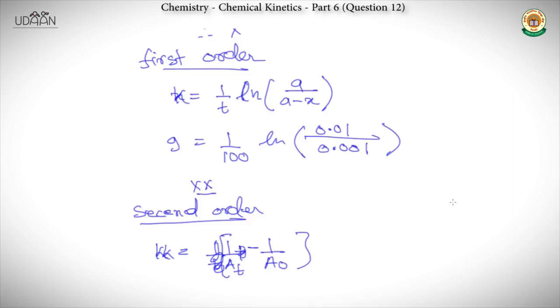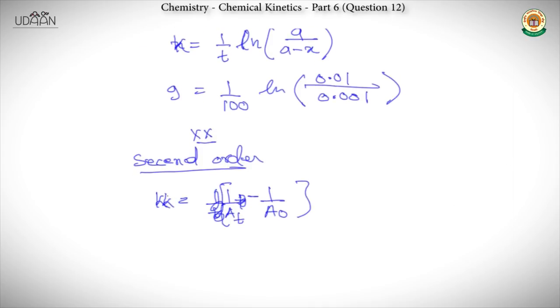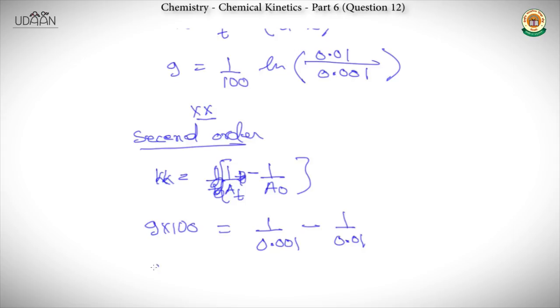By putting the values, k into t is equal to 9 multiplied by 100, which is 900, and 1 upon at is 1 upon 0.001 minus 1 upon 0.01, which is further equal to 1000 minus 100, which is 900. This is true. Therefore this reaction is a second order reaction.